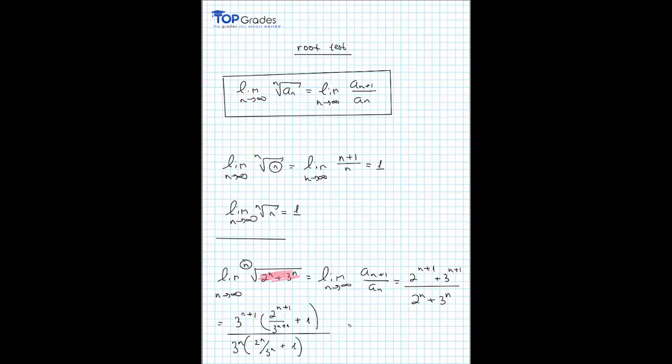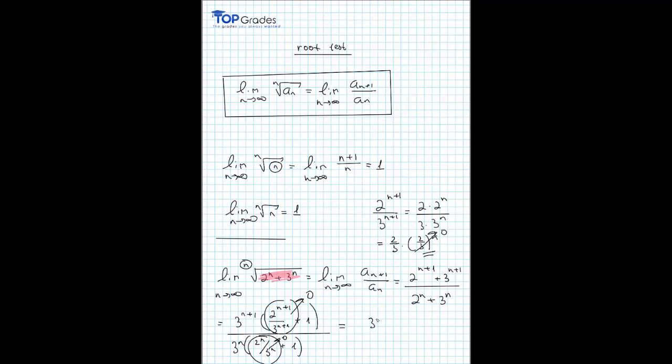Pay attention, I'm doing this a little bit quicker than before because we do this many times. 2 to the power of n plus 1 divided by 3 to the power of n plus 1, I can write it as 2/3 multiplied by (2/3) to the power of n, using power rules. This goes to 0. 2/3 times 0 is 0. So this goes to 0 and this also goes to 0.